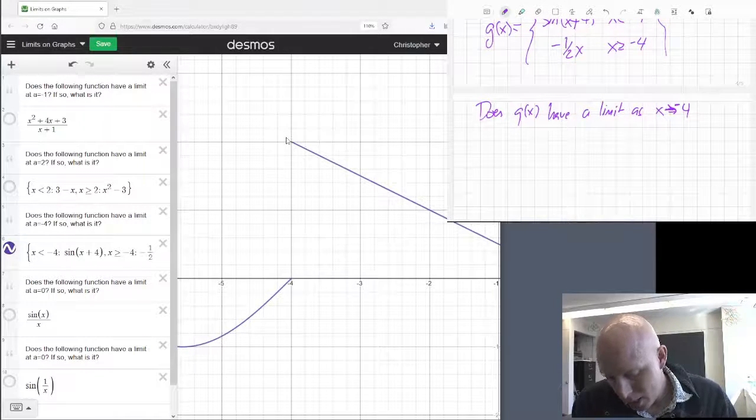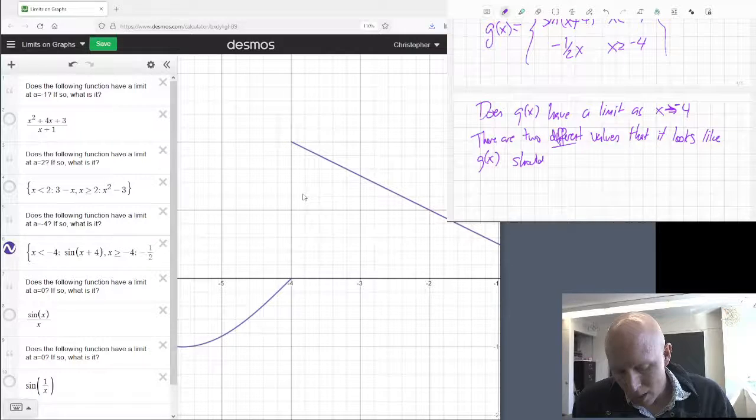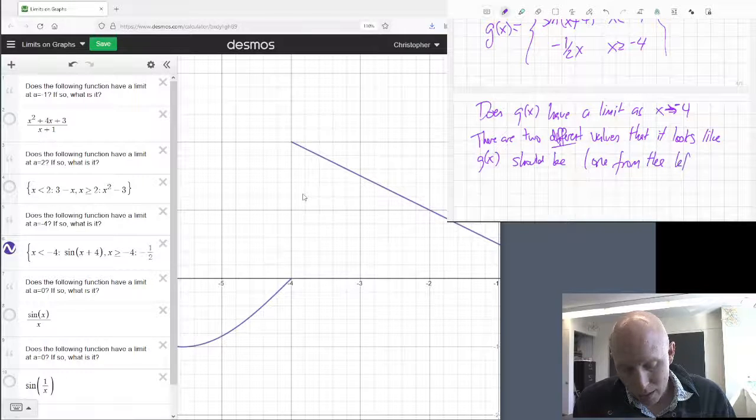And so what we're seeing here is that there are two different values that it looks like g of x should be, one from the left, one from the right.